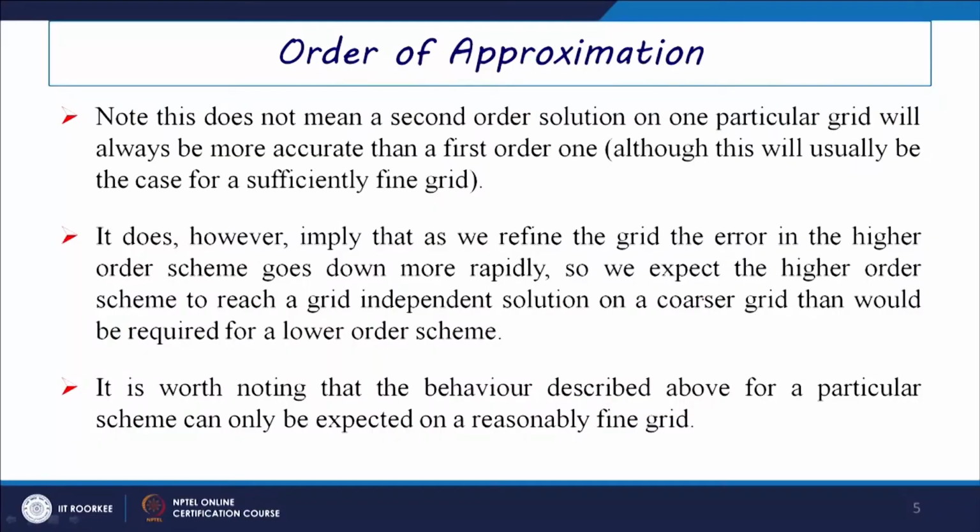It is worth noting that the behavior described above for a particular scheme can only be expected on a reasonably fine grid. So, we observe that a fine grid gives us the best approximated solutions.